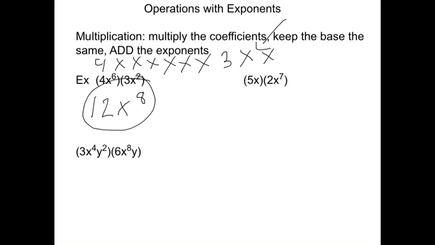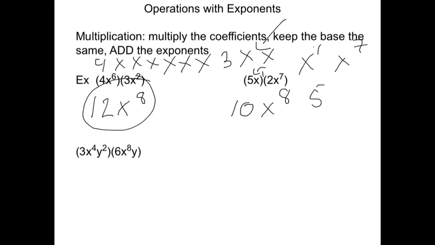With 5x times 2x squared, you're going to multiply the coefficients, which is 5 and 2, and get 10. You're going to keep the base the same, which is x, and you're going to add the exponents. Please remember that an x is the same thing as an x to the first, and that 1 should be on just the x. So if it's x to the 1 times x to the 7th, you would add 1 plus 7 and get 8.